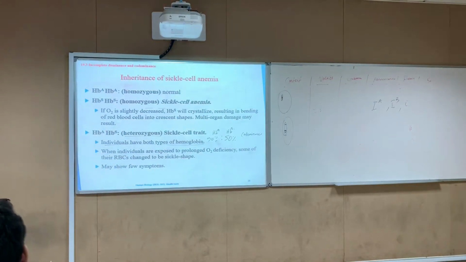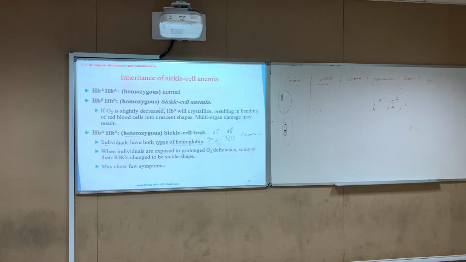And the people who have homozygous sickle cell anemia usually get seizures, maybe because of low oxygen in the brain. The carrier is fairly normal, with no symptoms or very few symptoms, unless you go to low oxygen, where it can affect the cell shape and you may get some pain.